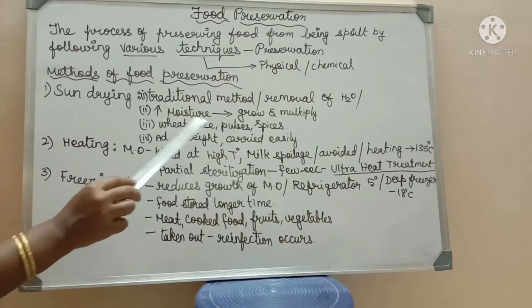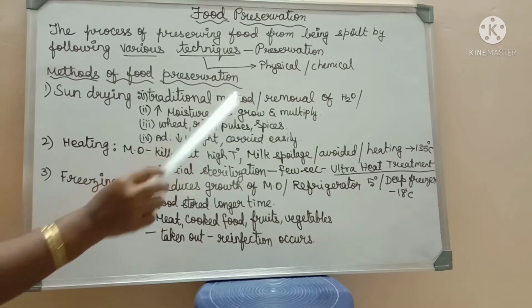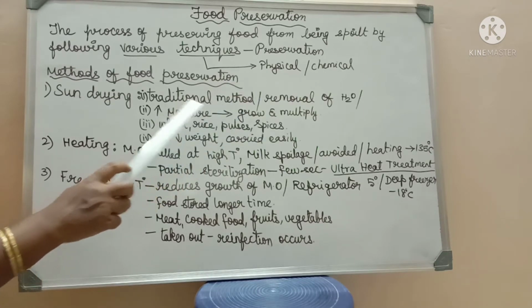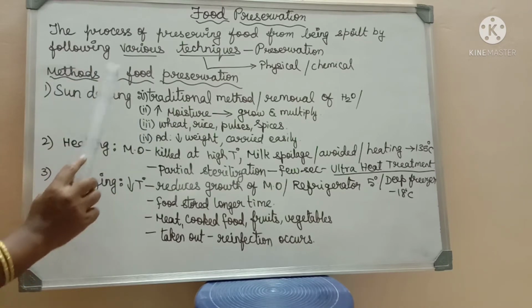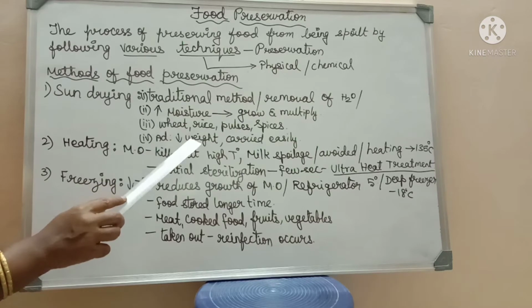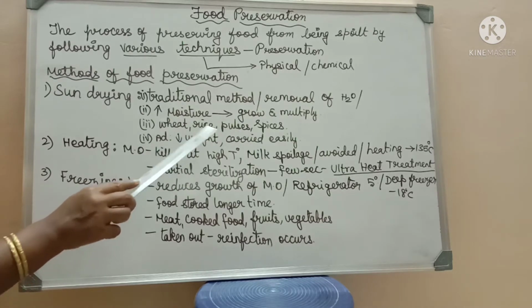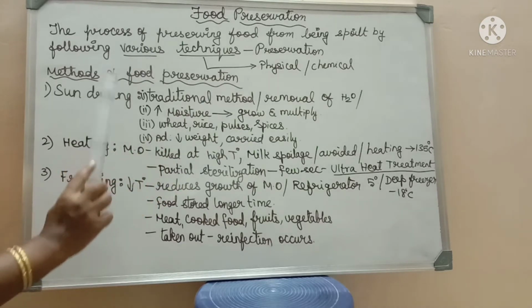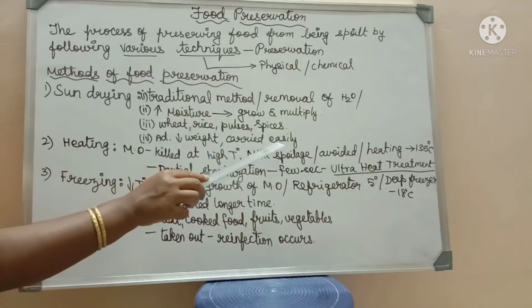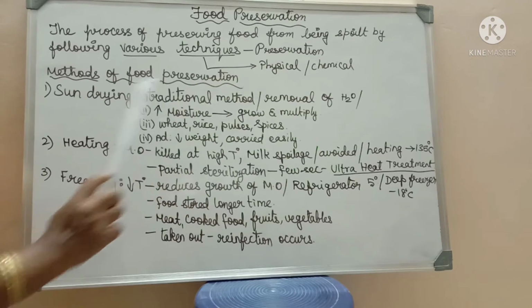Examples: wheat, rice, pulses, spices, etc. During sun drying, water is removed from the foodstuff, resulting in a decrease in weight, which makes it easier to carry the food items to other places.